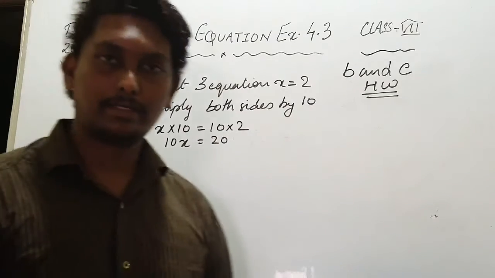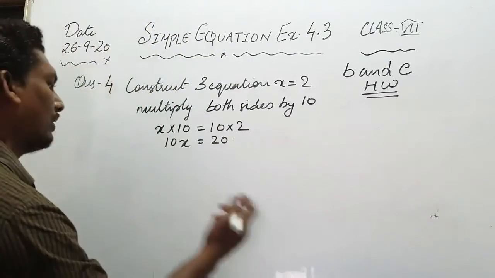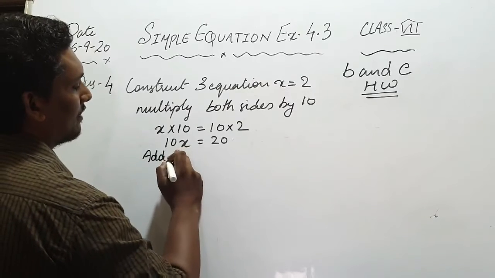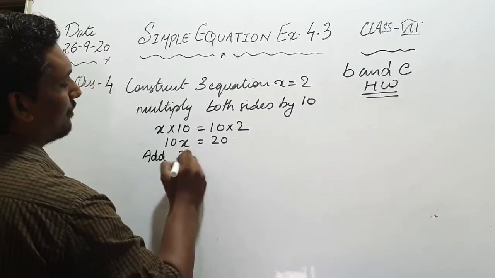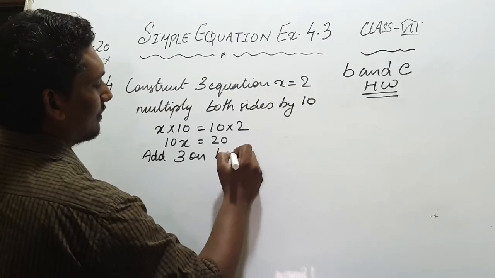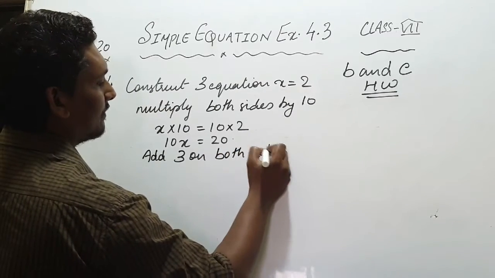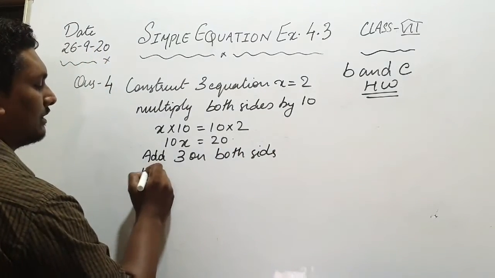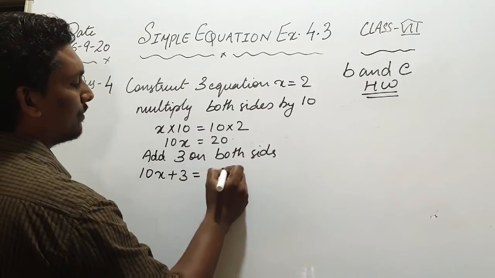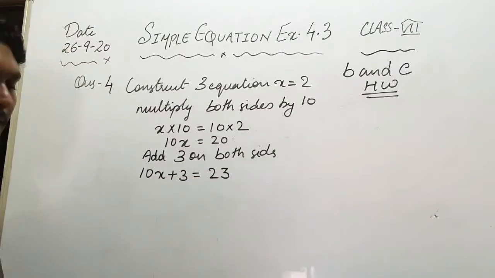Now if you want to add or subtract something, you can do it. Add 3 on both sides, so it becomes 10x plus 3 is equal to 20 plus 3, that is 23.